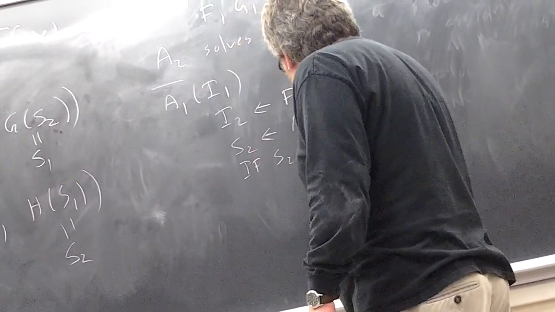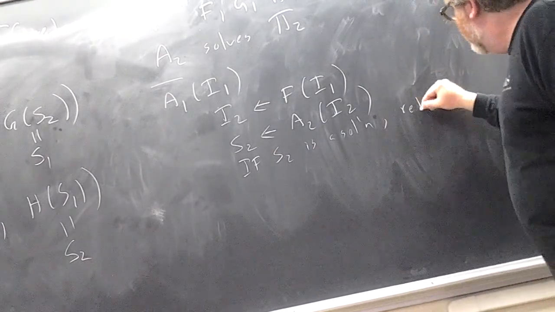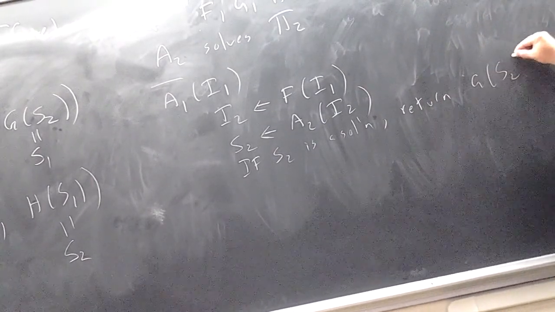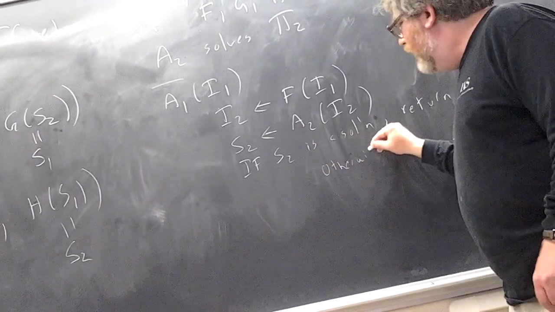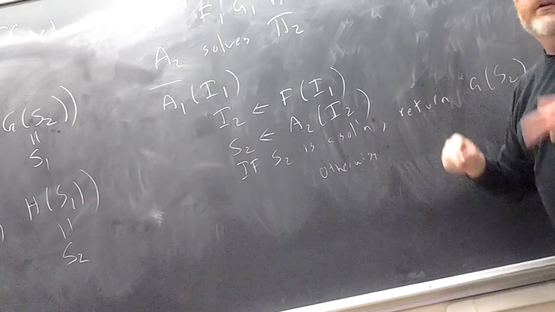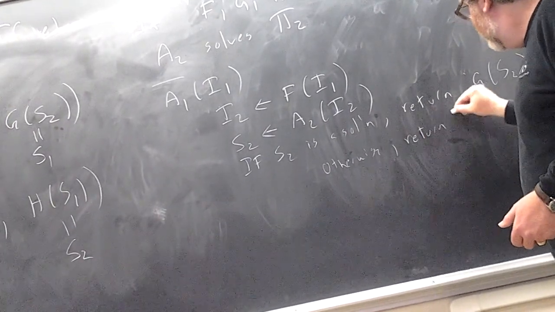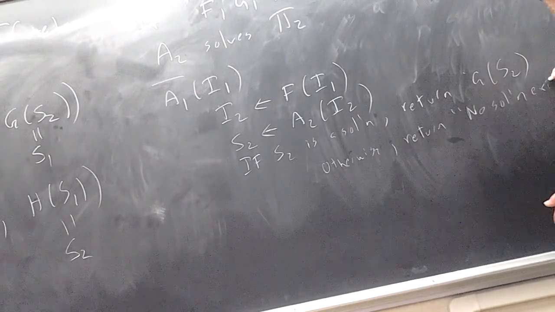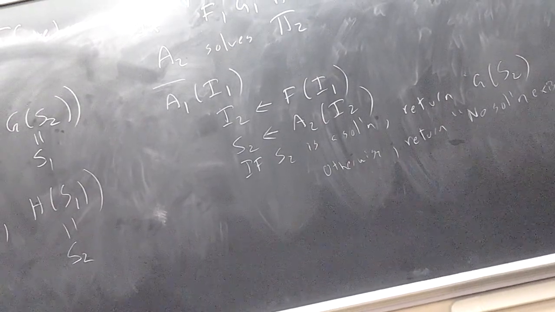If S2 is a solution, we return G of S2, and otherwise, if S2 is just the message, no solution exists, we return the message, no solution exists.